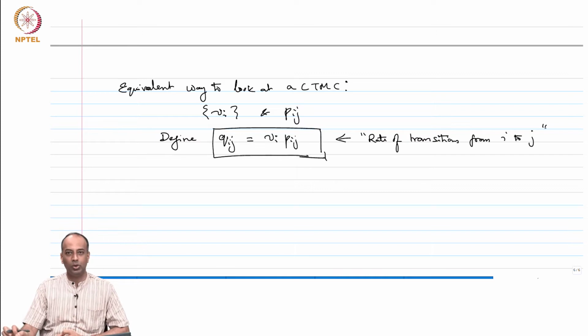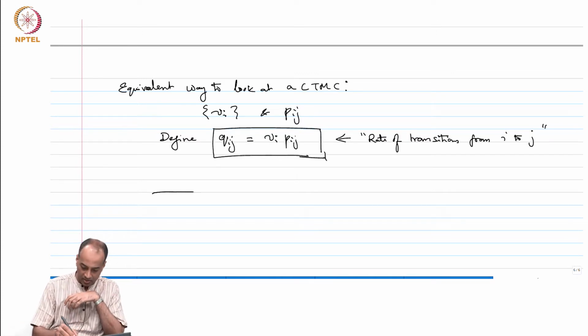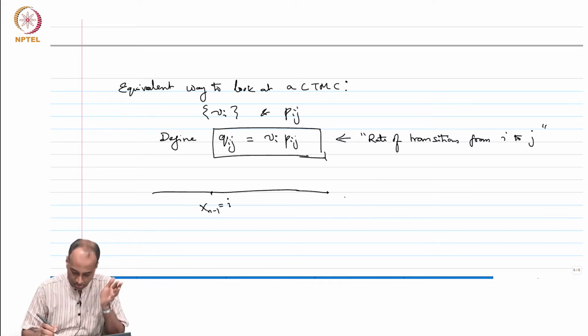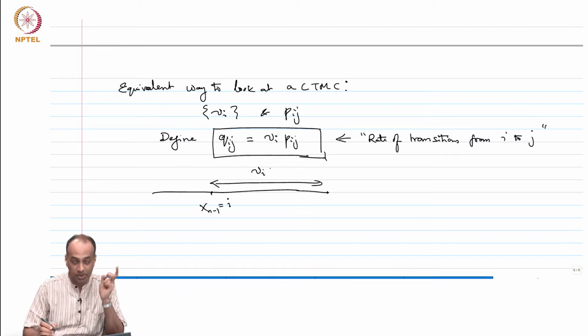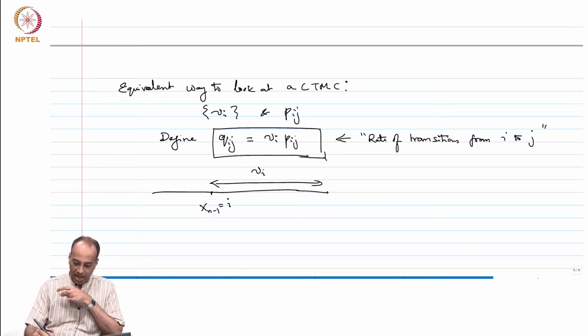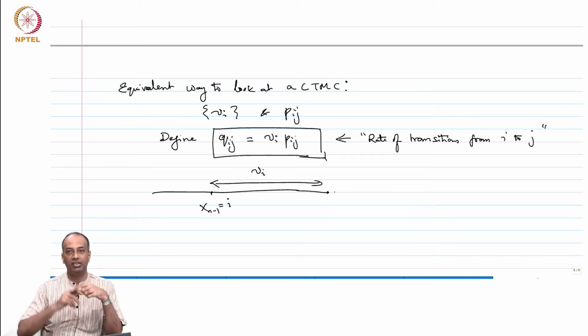So, an equivalent way to look at this is that let us say this is my CTMC time axis. Let us say that xn minus 1 is equal to i. One way to look at it is that there is an exponential of rate nu i which is about to fire, and after the end of the exponential I will go with probability Pij to state j.